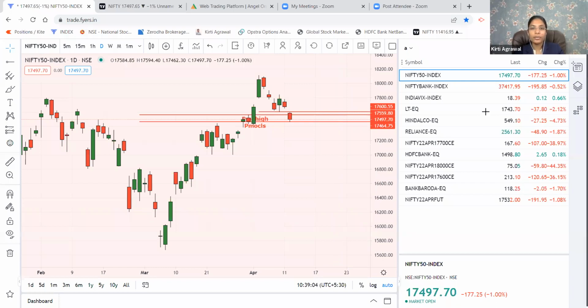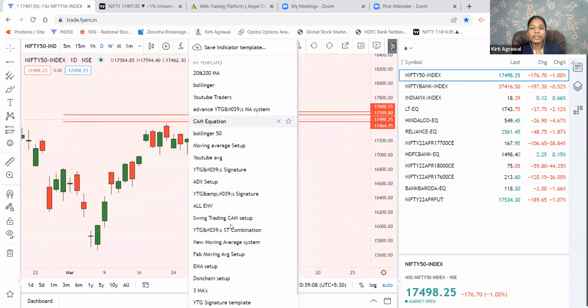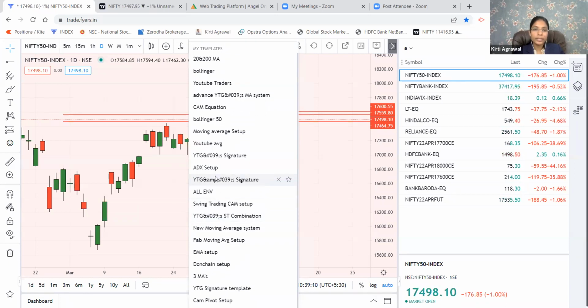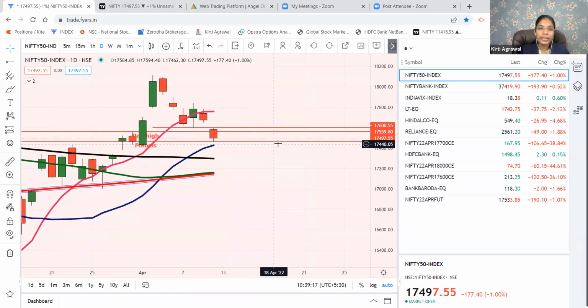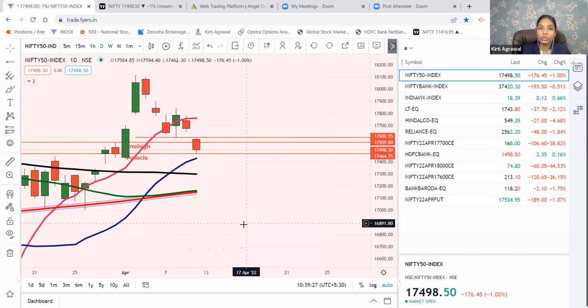Now I believe if I apply the moving average setup, let me apply the YTG, my own moving average system. Today the market tested 17,440, right? This zone is your 20 period moving average zone.